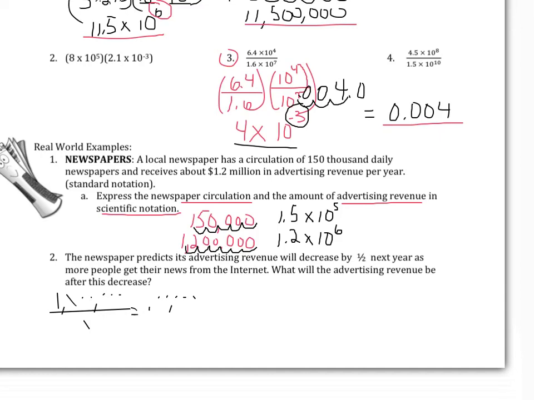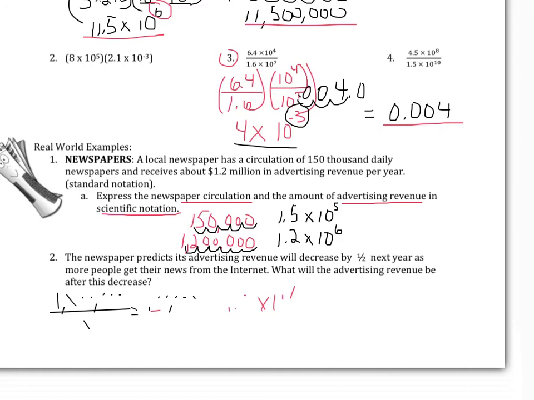Then we can rewrite that in scientific notation by moving our decimal point 1, 2, 3, 4, 5 places. Get 6.0 times 10 to the 5th because we moved the decimal place 5 places.